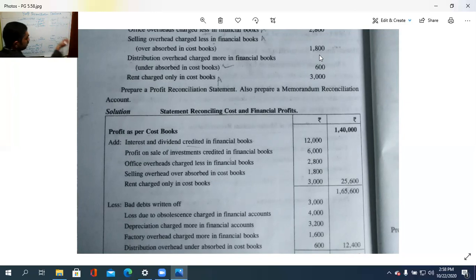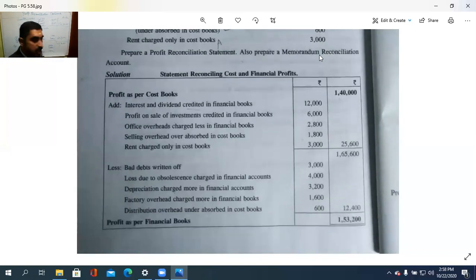We will arrive at the profit as per financial books. So 165,600 minus 12,400, it is 153,200. See, we start with the what? Costing profit, and we reach the financial books profit.